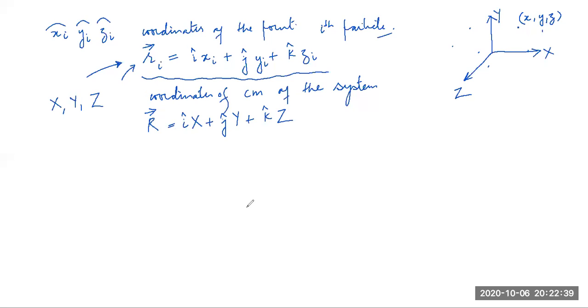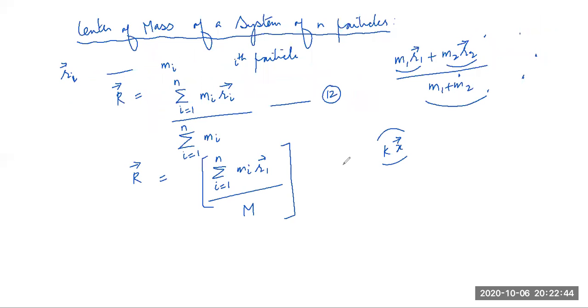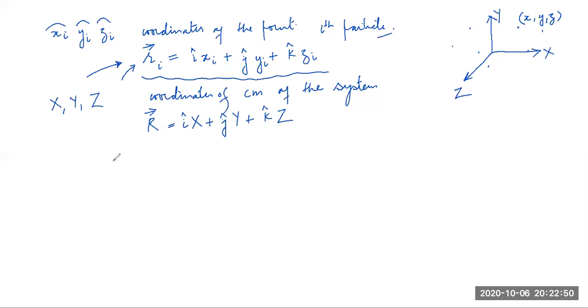Very right. So now from this equation, the 13th equation, we can write i cap x plus j cap y plus k cap z. This is the representation of capital R vector.